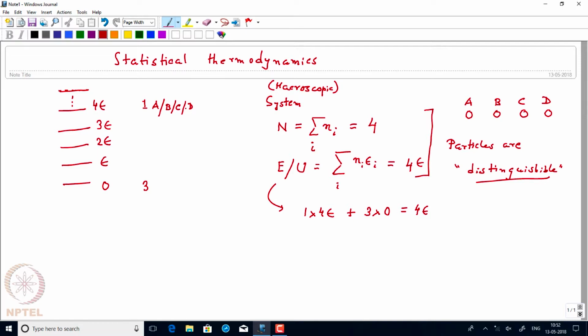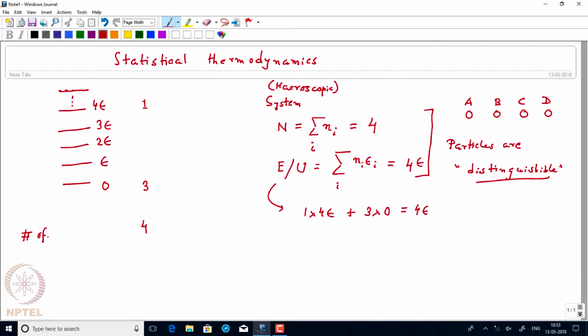When I choose particle B in energy level 4 epsilon, then A, C and D are in 0, and so on. So the number of ways I can choose one particle in energy level 4 epsilon and 3 particles in energy level 0 is nothing but 4. What I am showing vertically is the distribution, and here I am writing the number of possible ways we can achieve this particular distribution.